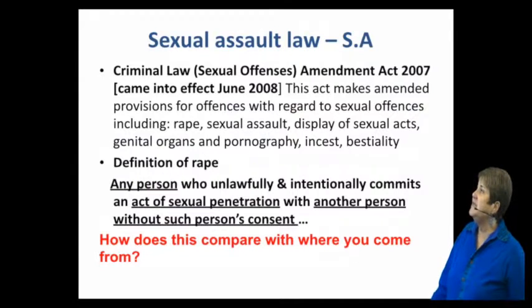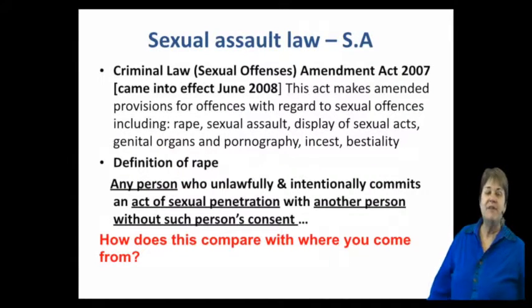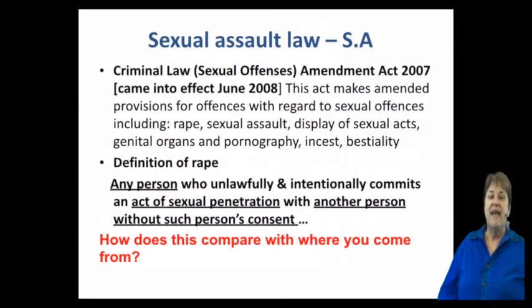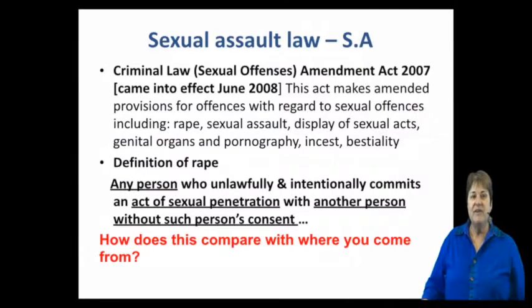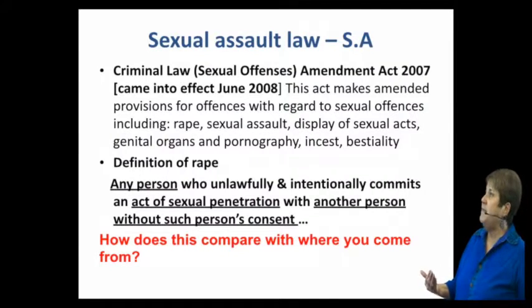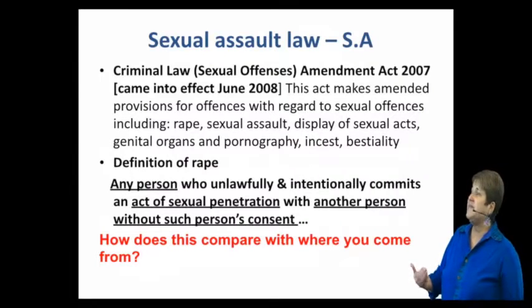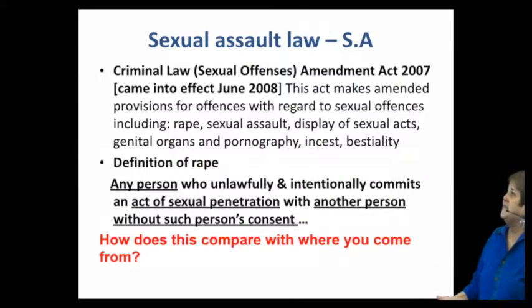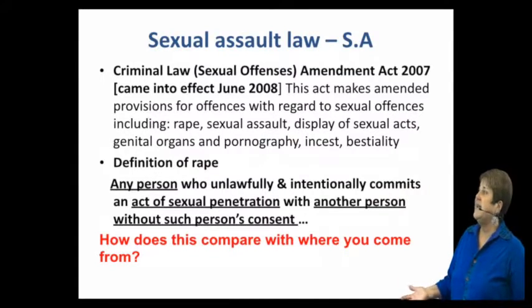So our Criminal Offences Amendment Act, which came into effect in 2008, after a very long period of negotiation, makes it an offence to rape, and this includes rape, sexual assault, display of sexual acts, genital organs and pornography, incest, bestiality.